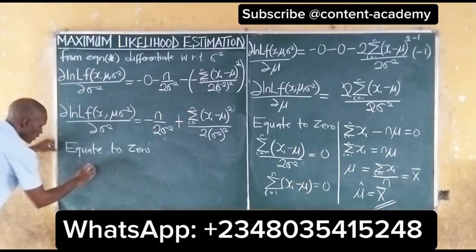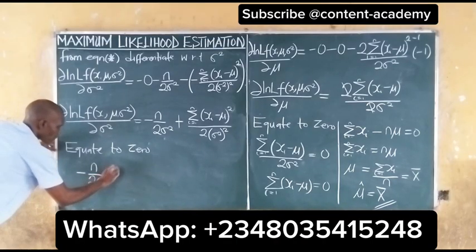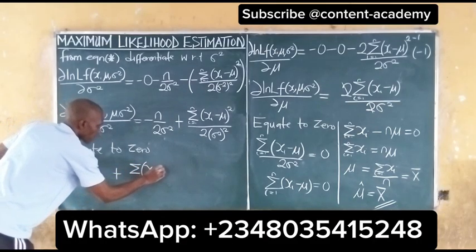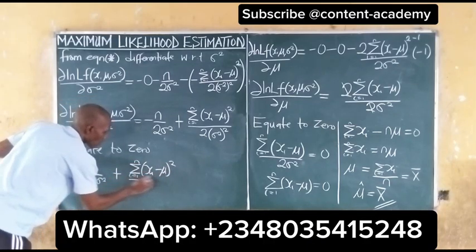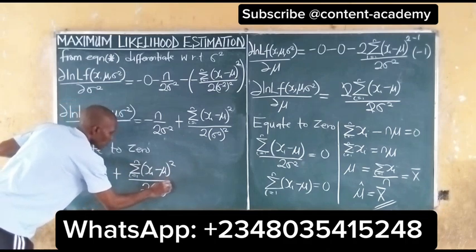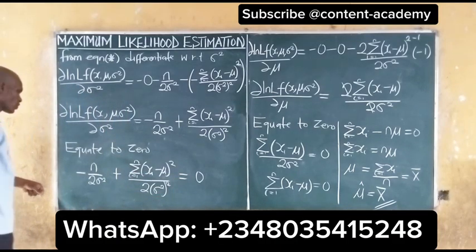We have negative n all over 2 sigma squared plus the summation of (xi minus mu) squared as i runs from 1 to n all over 2 into sigma squared to be equal to 0.